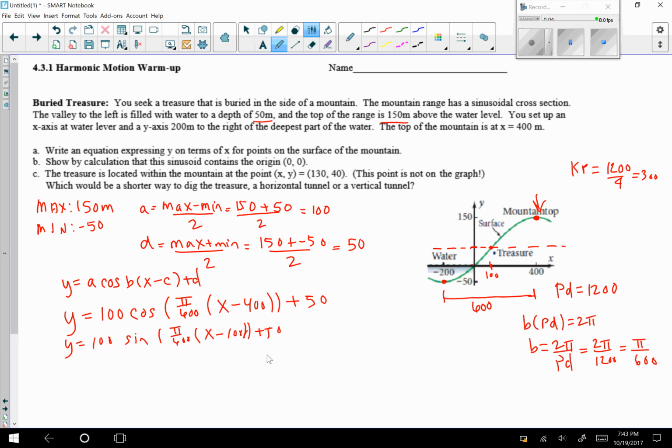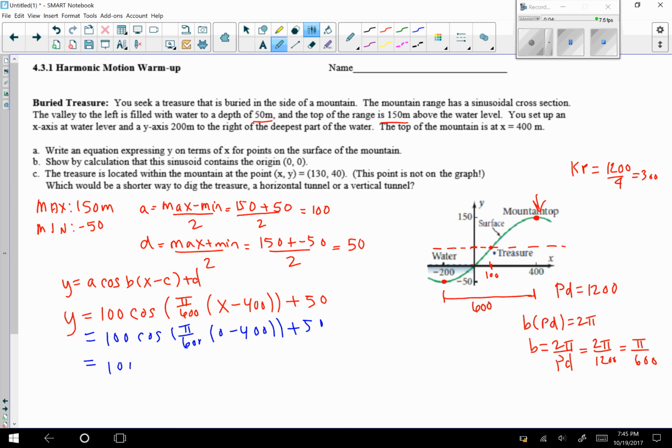Then it says we want to show by calculation that this sinusoid contains the origin. I'm going to go ahead and just get rid of this so it's not in my way. To show this, I'm just going to plug in 0 for x, and then I can use algebra to solve.